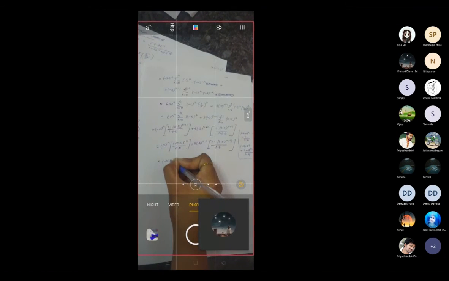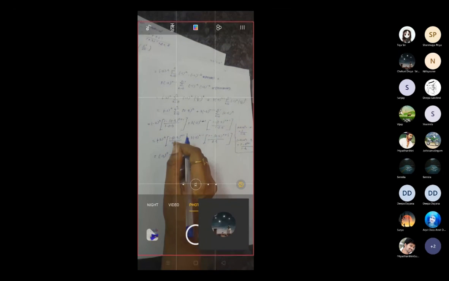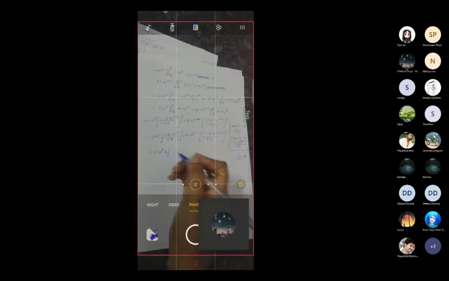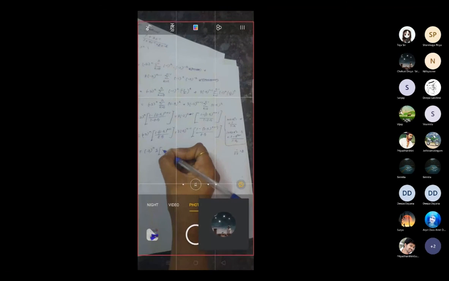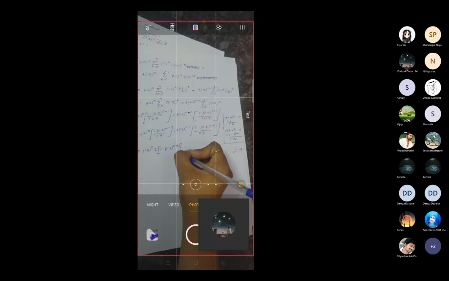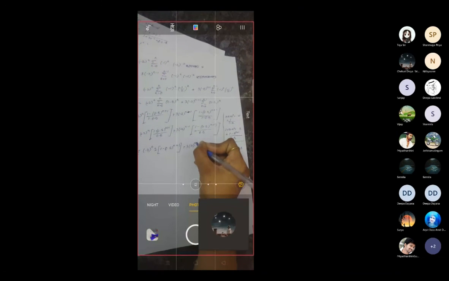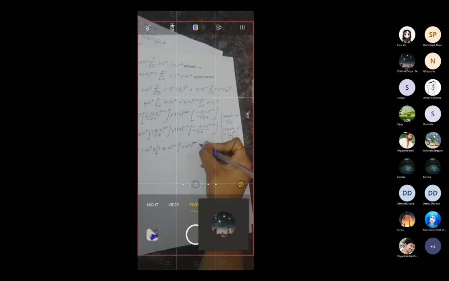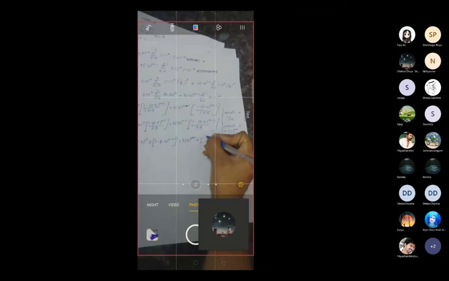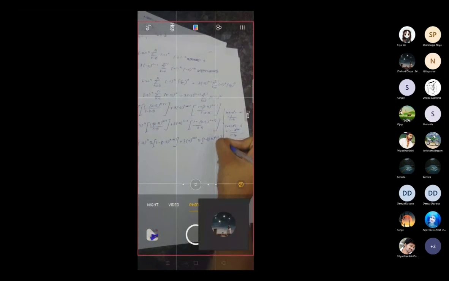So you have to replace: (-2)^n into 2, since 1 divided by 0.5 you can write as 2. Okay. So 2 into (1 minus 0.5^(n+1)) plus 3 into (-2)^(n-1) into 2, this 1 divided by 0.5 will become 2, into (1 minus 0.5^(n+1)).